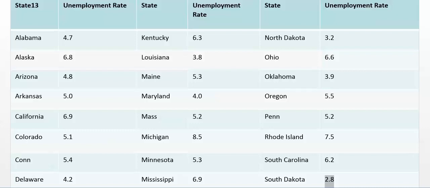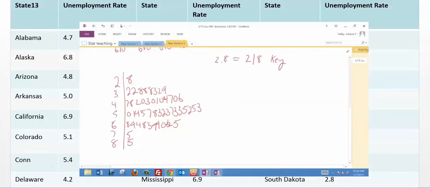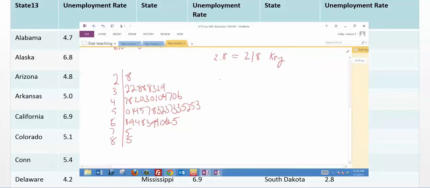I got 6.9 there. Colorado's 5.1. So I'm just going to collect up all these numbers. Okay, so here's what I've got so far, just going through the raw data. Then we can go back through and put them in order, which is what a true stem and leaf plot has: it has the order to it.